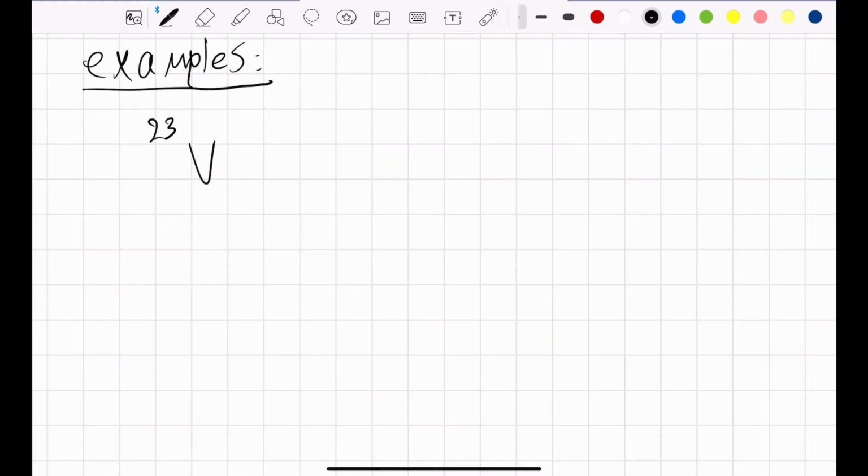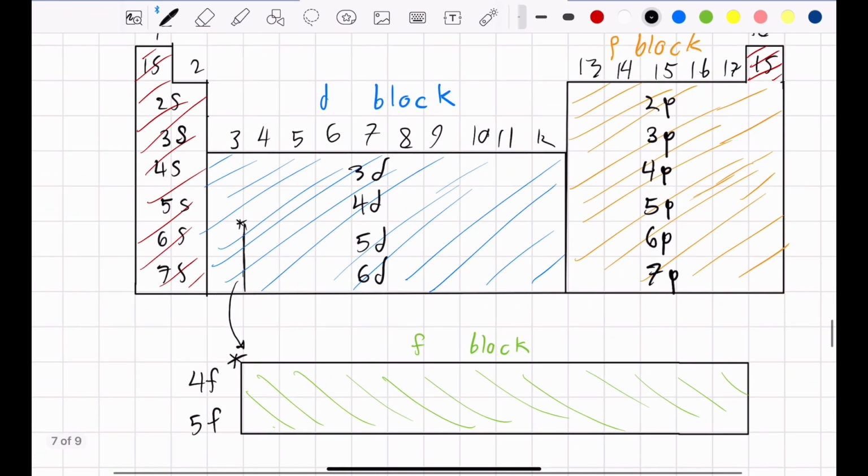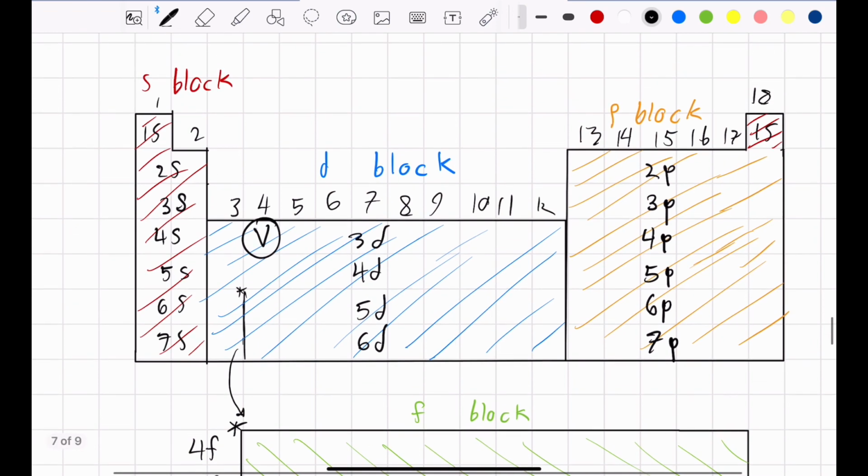Okay, so let's do some examples to better grasp quantum numbers. Let's find the electron configuration of vanadium, which has a Z number of 23, and since it's an atom, it's going to have the same number of electrons, so we have 23 electrons. Vanadium is right here on the periodic table, and so we want to find the electron configuration.